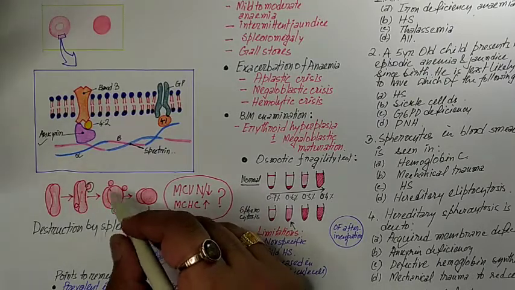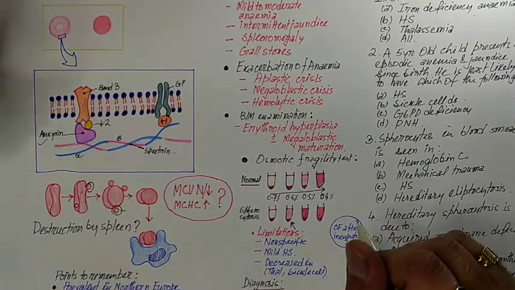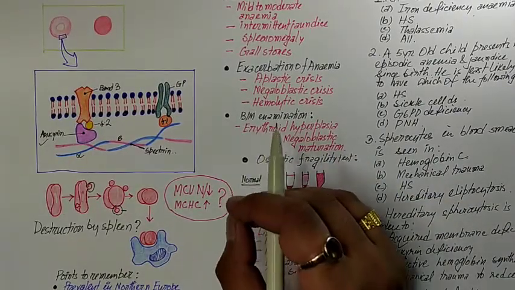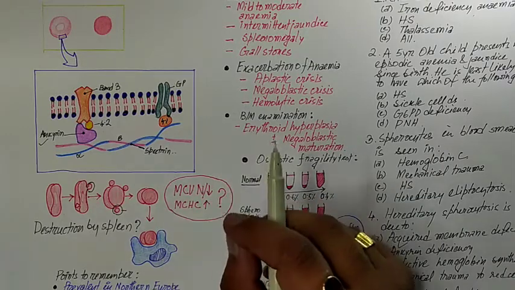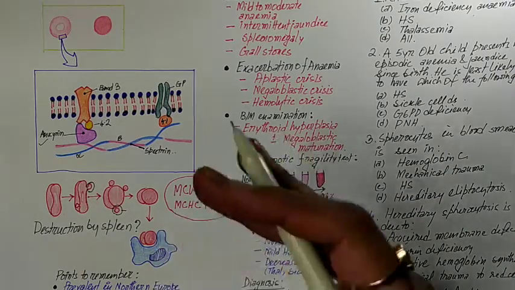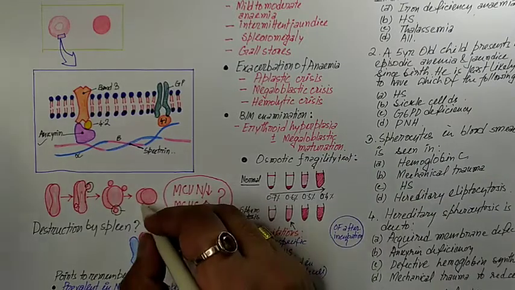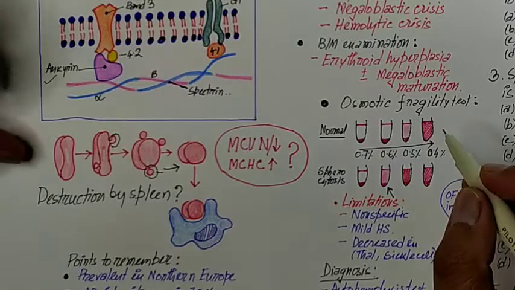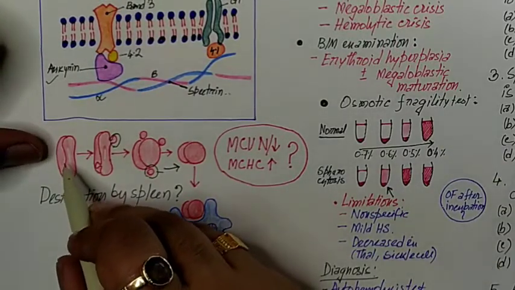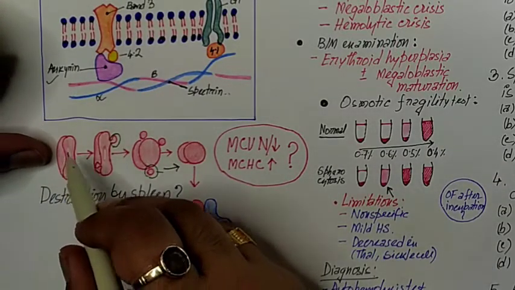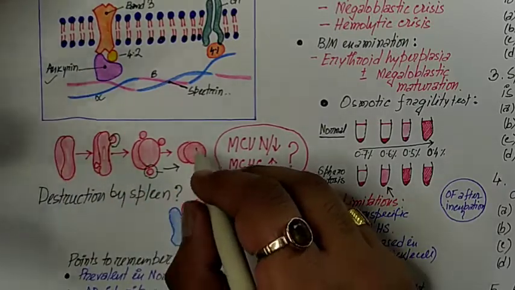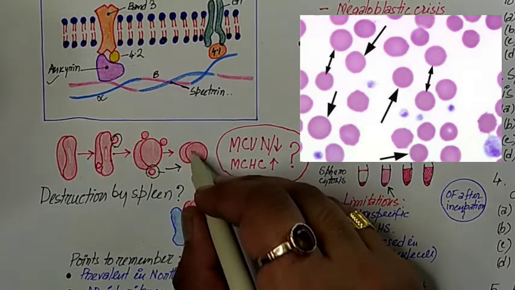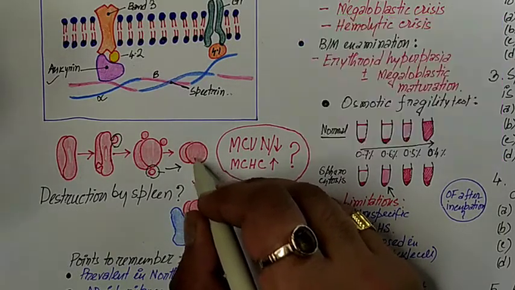So the surface area of the RBCs is decreased. With this smaller surface area, an RBC cannot maintain its biconcave shape. So the most common shape they usually take is a round shape. A normal RBC that has a biconcave shape turns into a spherical structure, and there is loss of central pallor in this type of RBC.